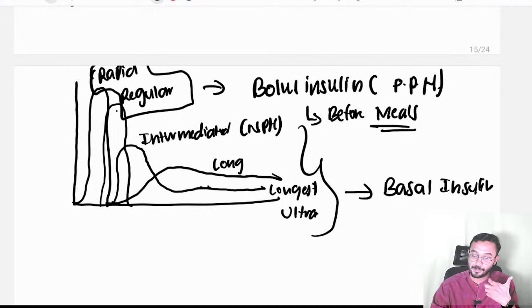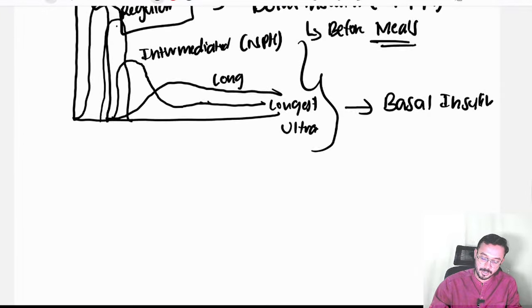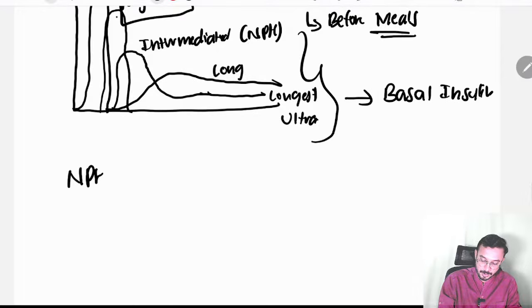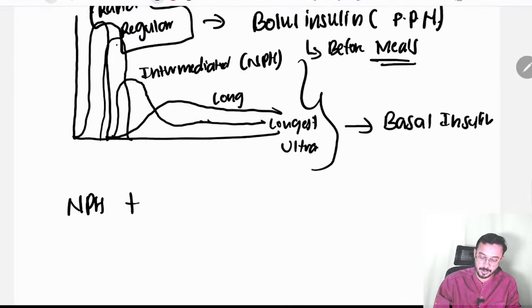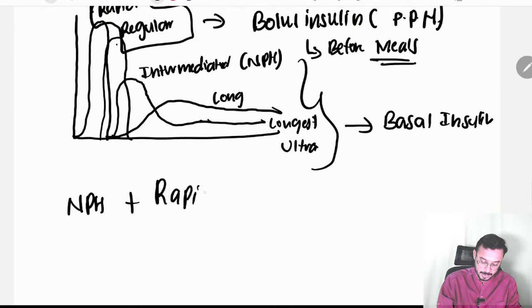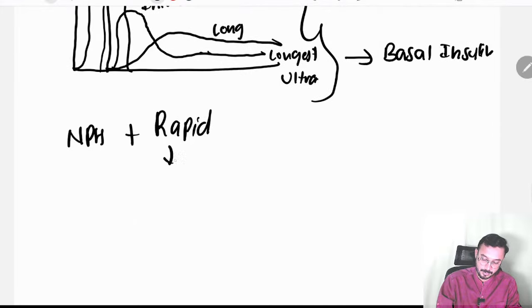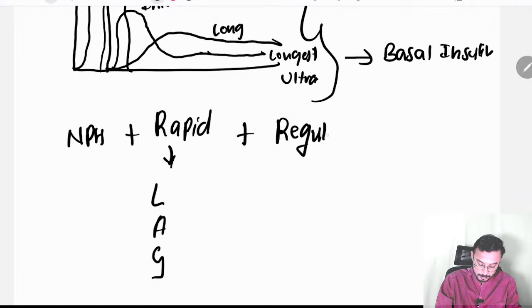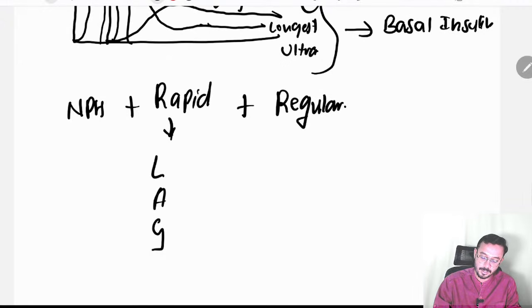That's why there is a basal bolus regimen. So remember, you can mix NPH with rapid acting insulins such as Lispro, Aspart, Glulisine, and you can mix with regular also. Okay, so why?